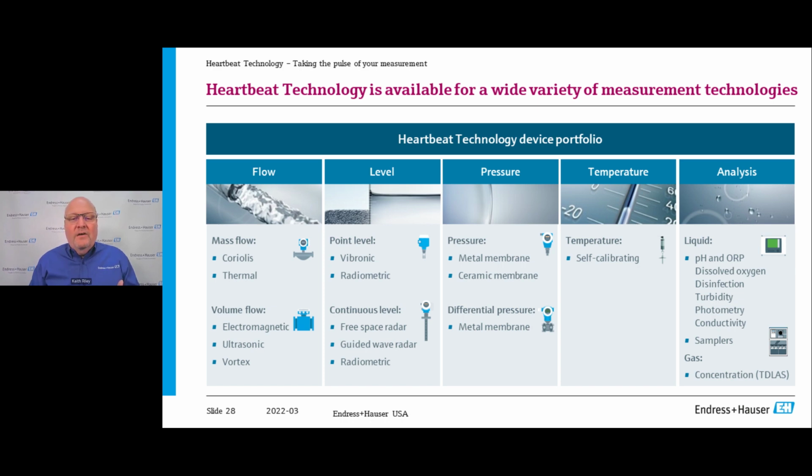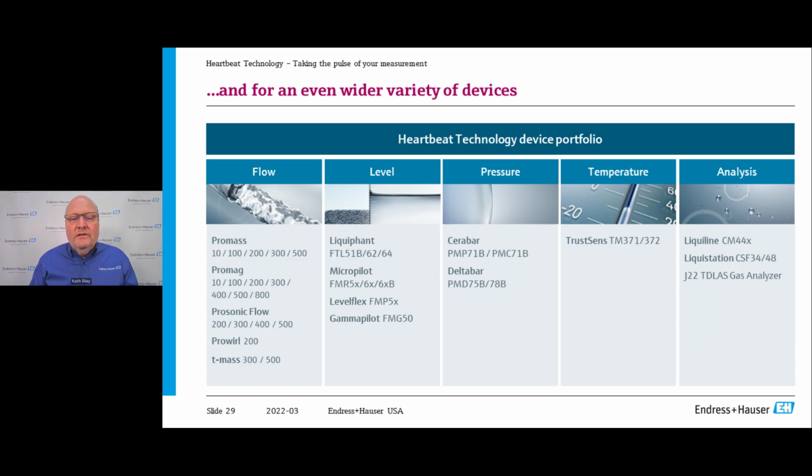So our full product basket has this technology associated with it. When you want to look at individual model codes, here's a list of the devices you can refer to, to make sure that you have Heartbeat Technology, or you can look into applying Heartbeat Technology as you're looking at future plans.